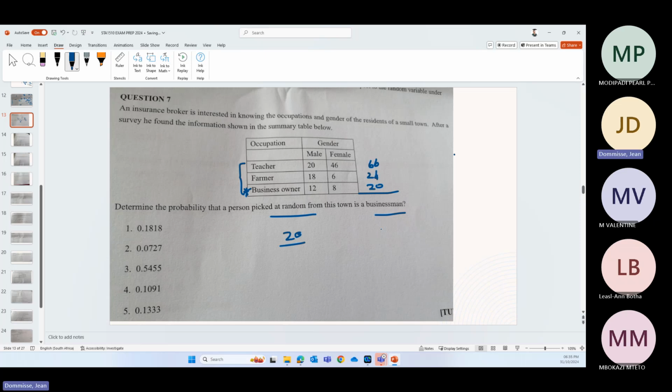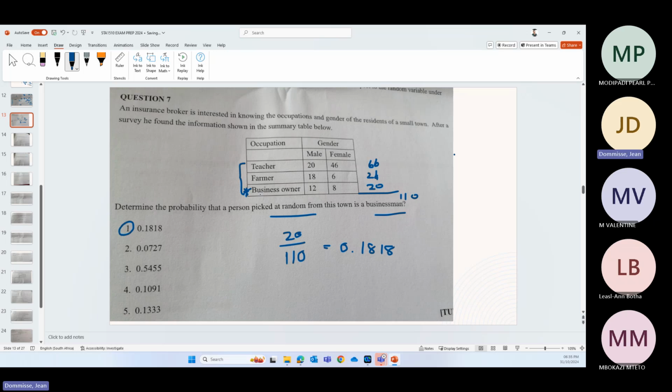So that looks like 110. So let's see. 20 divided by 110 is 0.1818, and that is option 1.